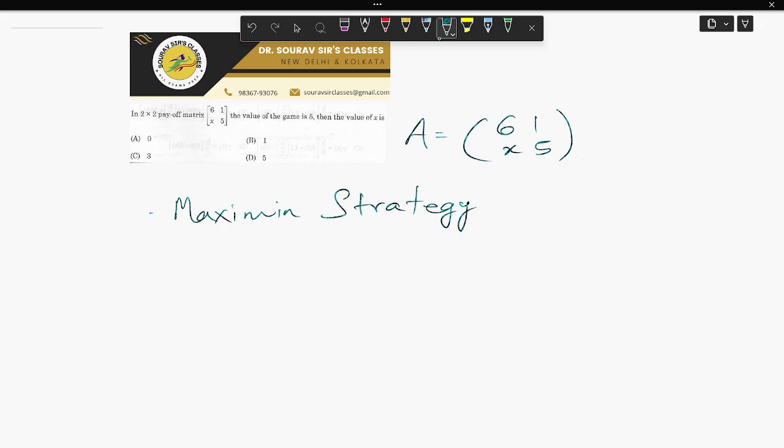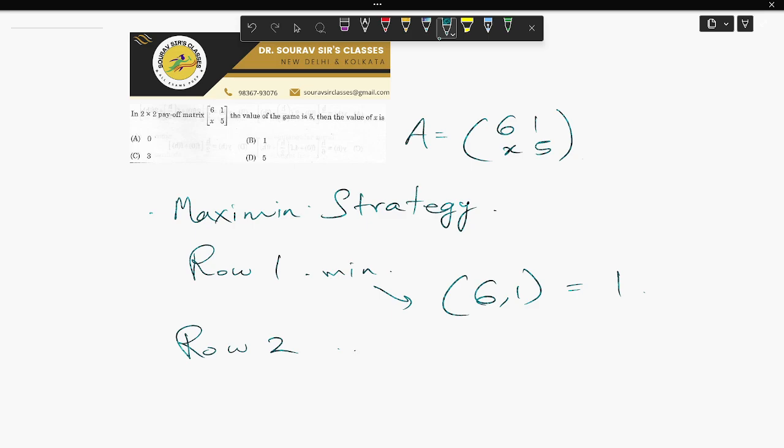So our row 1 minimum is equal to what? That is the minimum of 6 comma 1, so that will be 1. Now our row 2 minimum will be what?